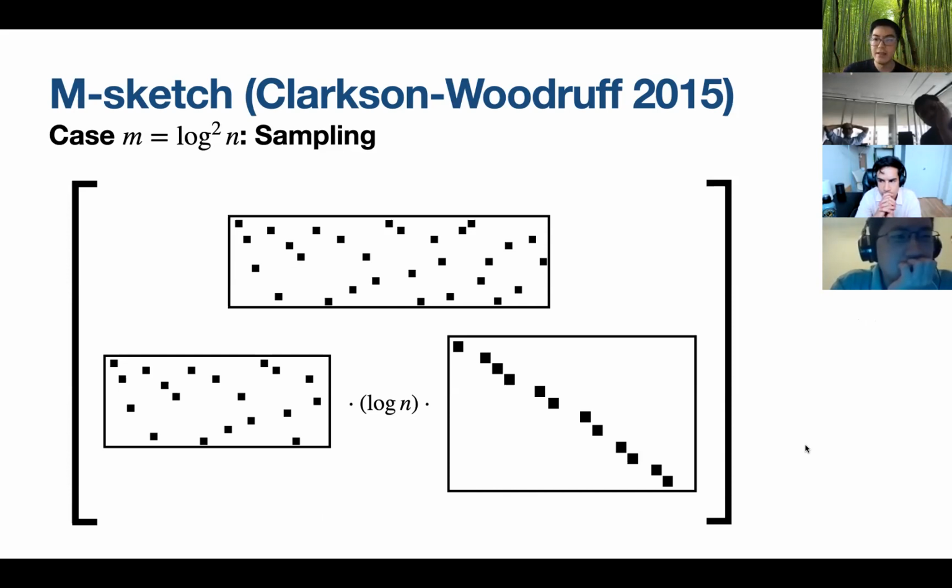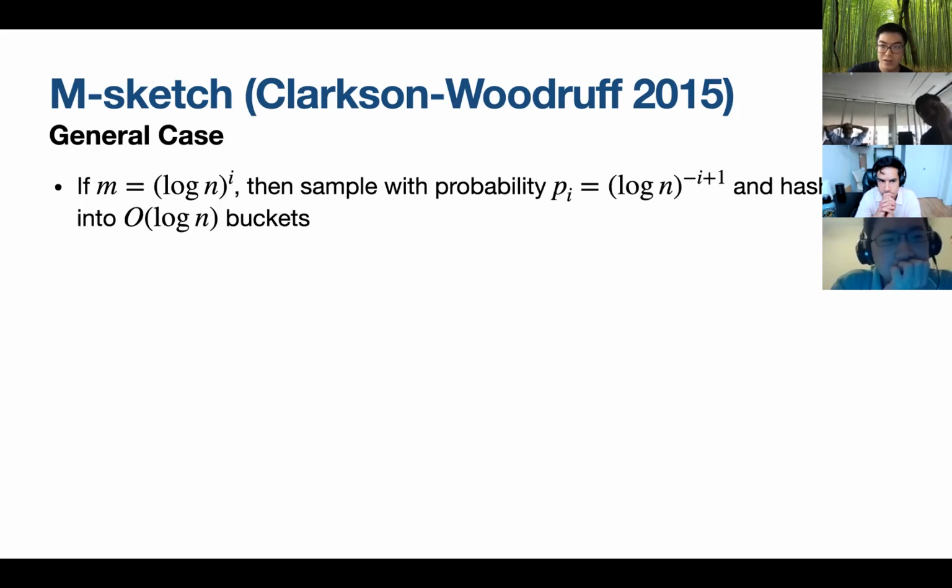At this point, in general, the construction is going to look like the following. If m is in general some log n to the power i, then I want to sample with probability p_i, which is approximately log n to the power of -i plus 1, so that I essentially have about log n entries left. Then I hash the remaining entries into all of log n buckets.